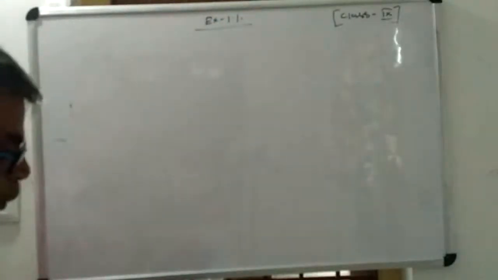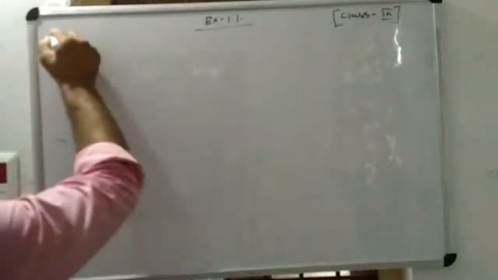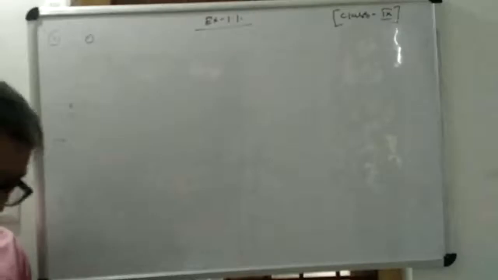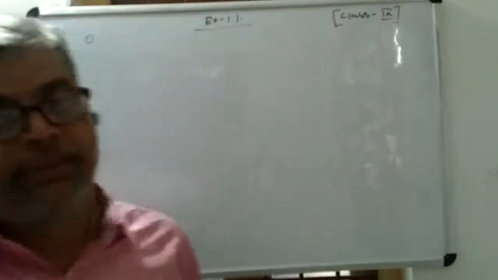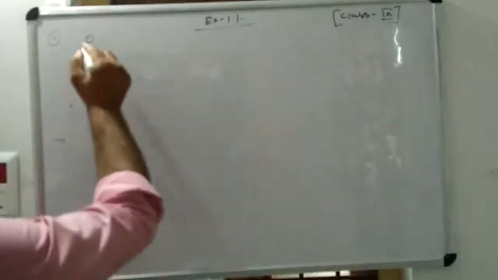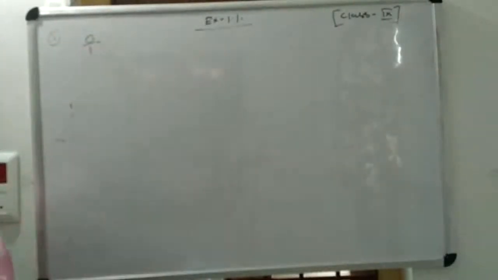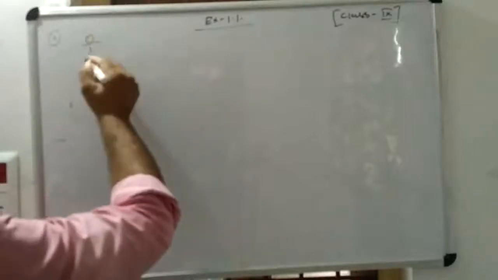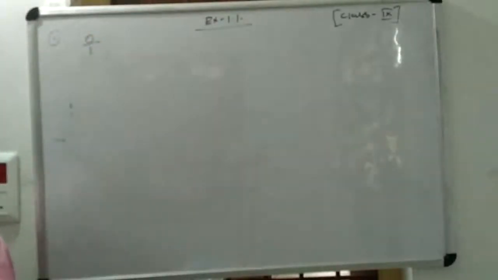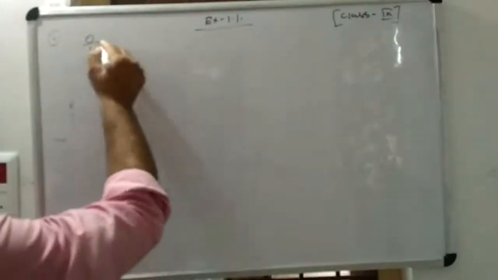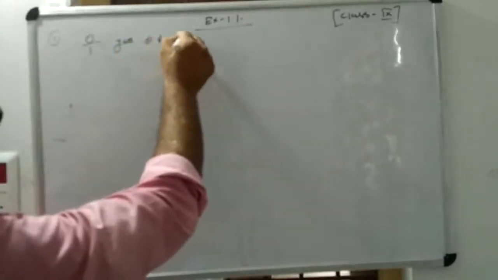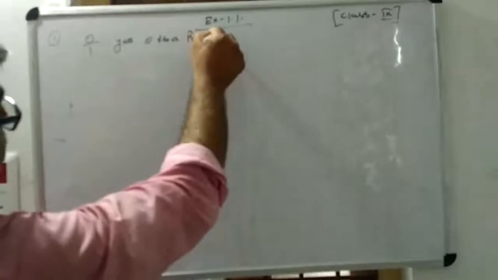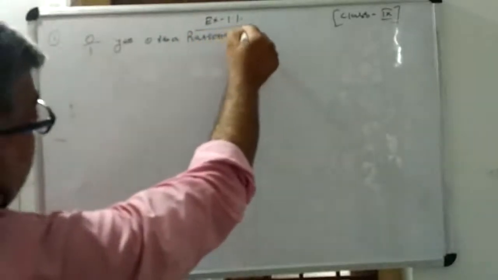Question: is 0 a rational number? What will be your answer? Your answer will be yes, because 0 can be written as 0 by 1. So here p is 0, but q is not 0. So yes, you may write yes, 0 is a rational number.